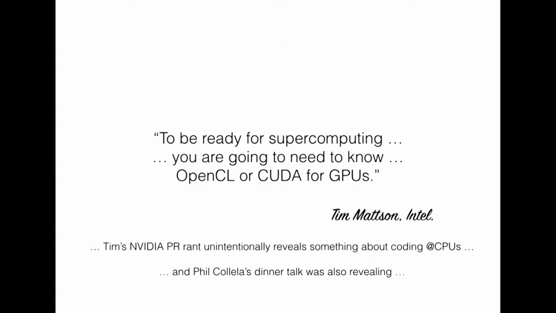But during his rant, sorry Tim, during his rant about the Nvidia PR department, and I hope you picked up on this, he's accidentally telling us something about Intel hardware. So he's correct. In the early days of GPU computing, some papers came out with outlandish speed-up reports. 100 times.